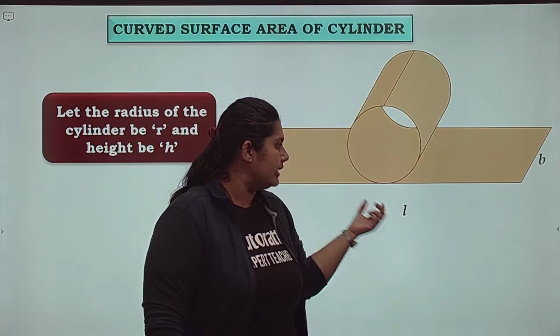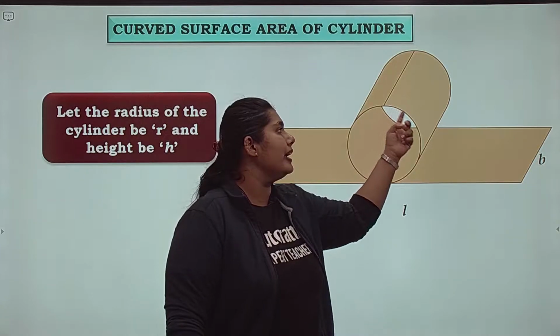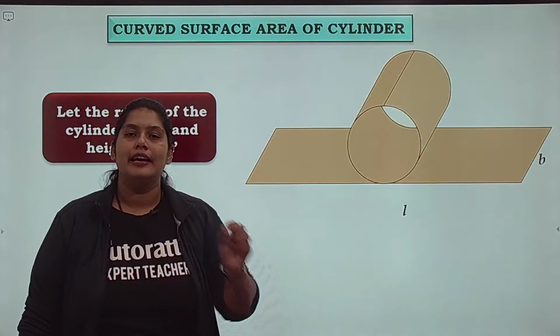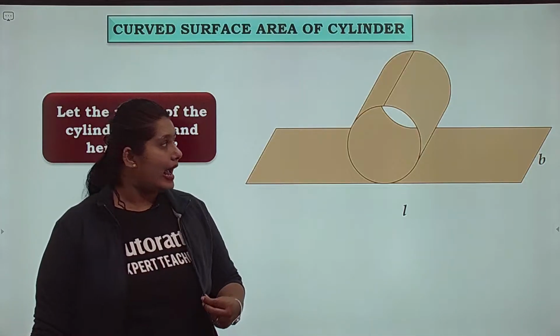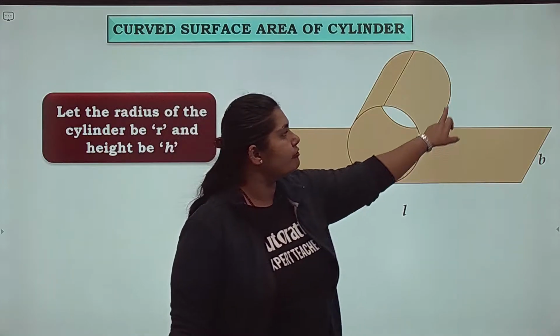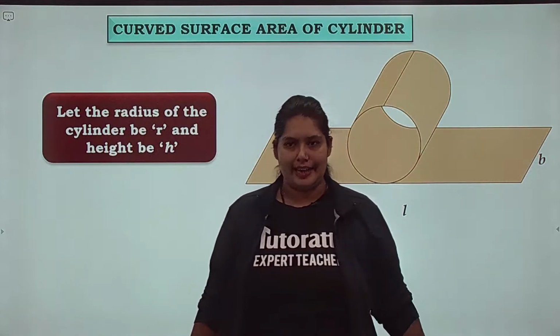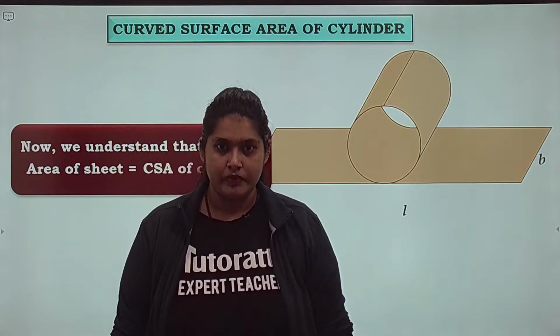So basically the length of my rectangle becomes my circumference. And the height of my cylinder is the breadth of my rectangle, isn't it? Yes or no? You can try this at home.